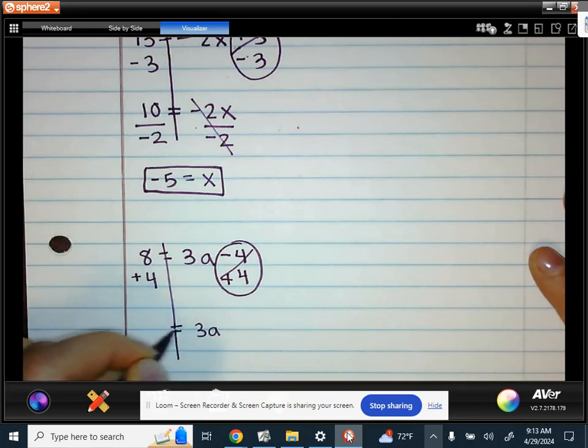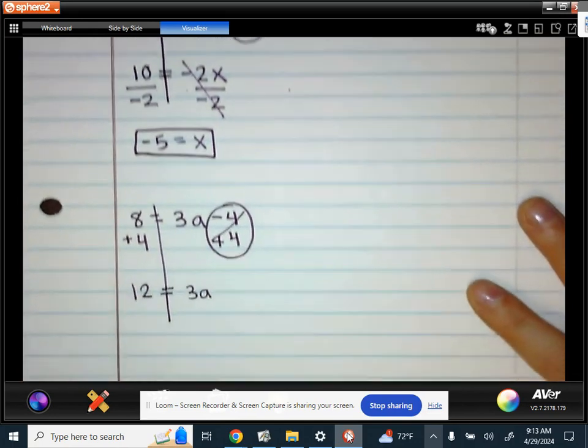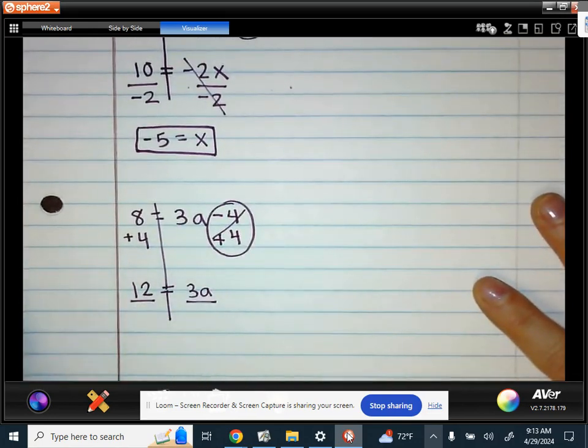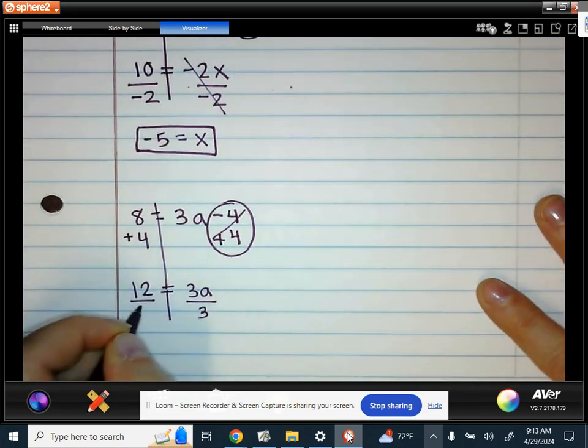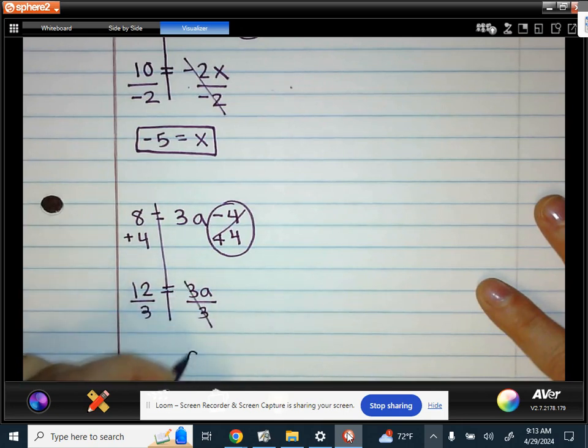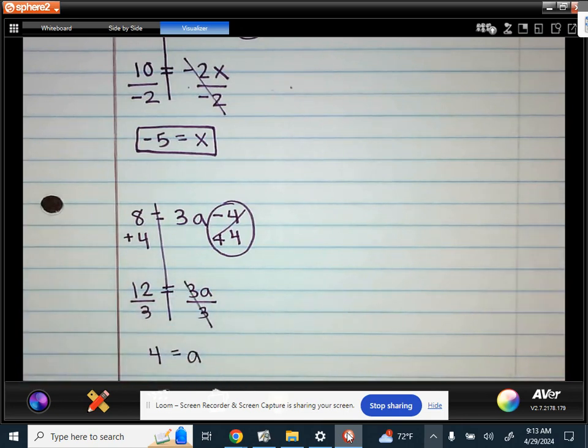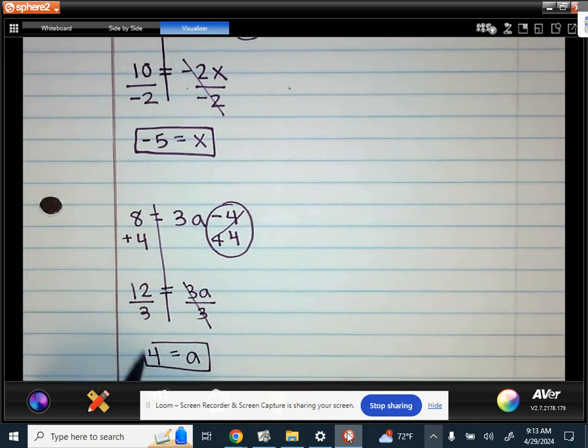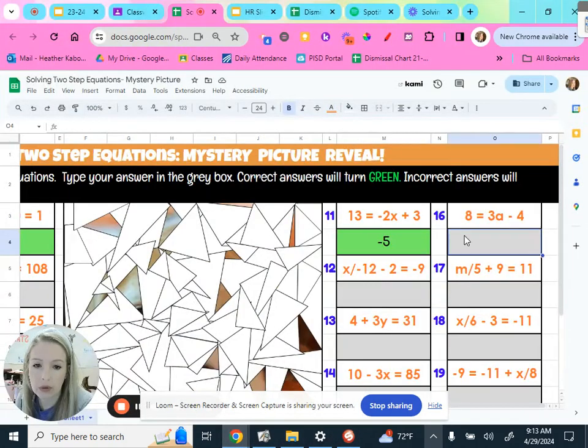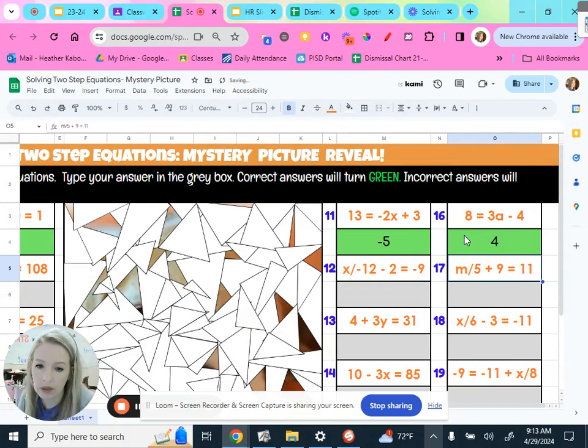That's going to leave just 3a, and over here 8 plus 4 is 12. Now we can get rid of the multiplication by dividing both sides. And that leaves us with a being 4, because 12 divided by 3 is 4. And we can put that in there.